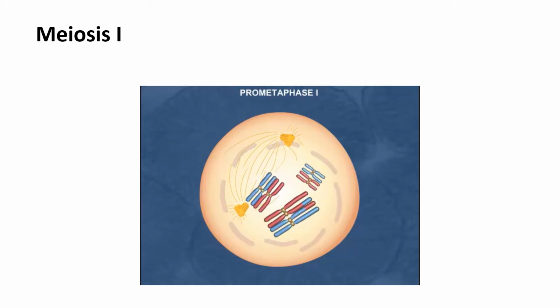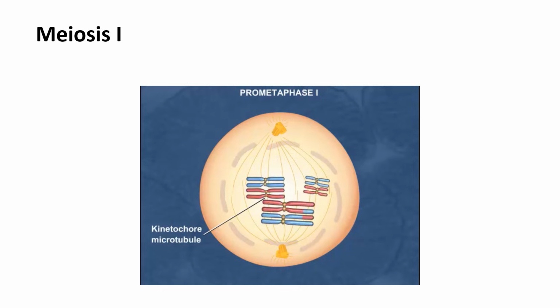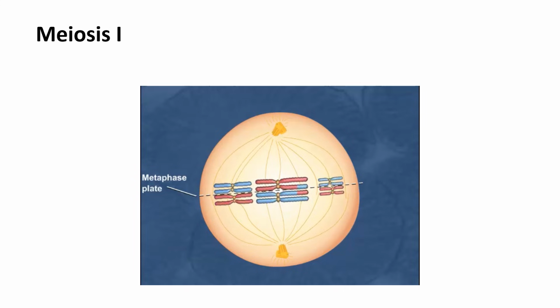During prometaphase I, the spindle apparatus continues to form, and bivalents become attached to kinetochore microtubules. One pair of sister chromatids is connected via kinetochore microtubules to one pole, while the homologous pair of sister chromatids is connected to the opposite pole. The complete assembly of the spindle apparatus occurs during prometaphase I. The chromosomes align at the metaphase plate during metaphase I. It is important to notice that bivalents are aligned along the metaphase plate rather than individual pairs of sister chromatids, as in mitosis.